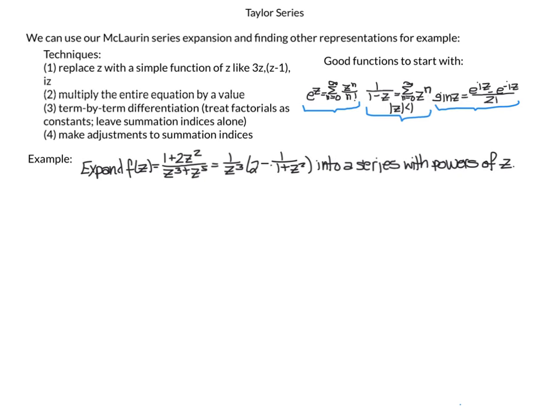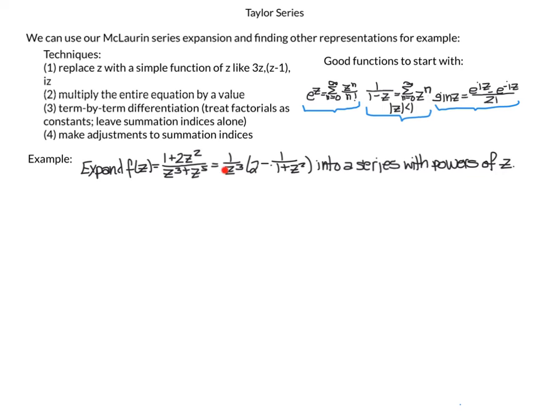This next example seems really typical of what you'll be doing a lot in the residue chapter with Cauchy's theorem of residues. So it's something that you want to pay attention to and get a feel for. We want to expand the function f of z equals 1 plus 2z squared over z cubed plus z to the fifth, which is given to you by your book as 1 over z cubed times 2 minus 1 over 2 plus z squared.